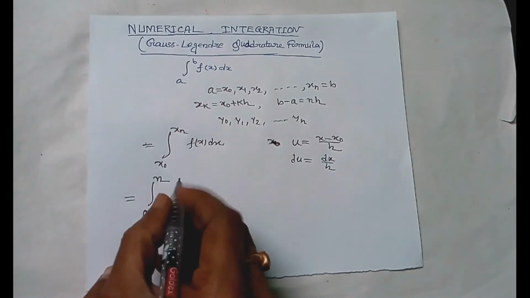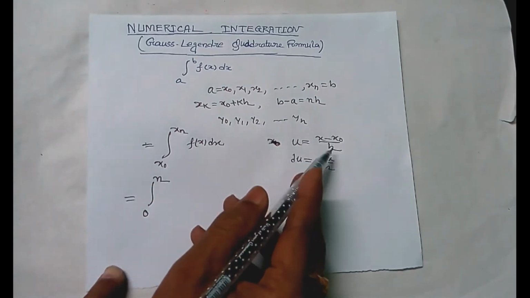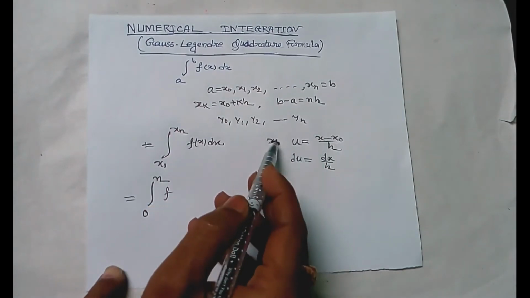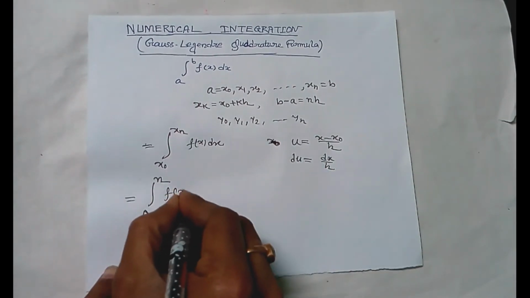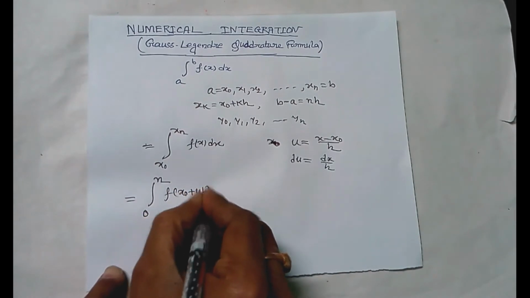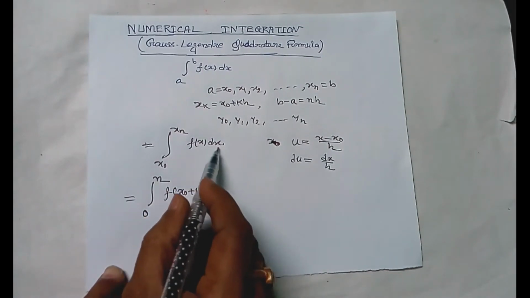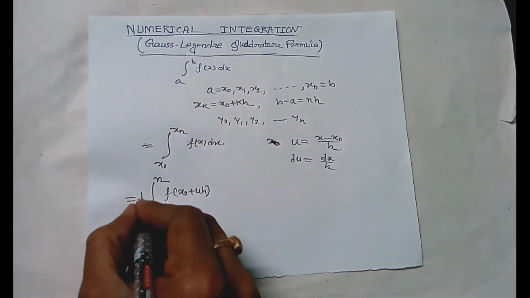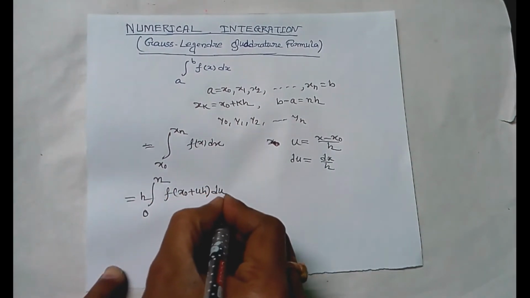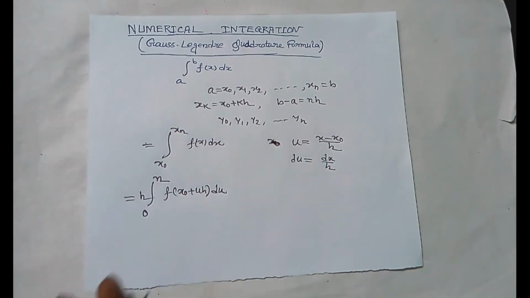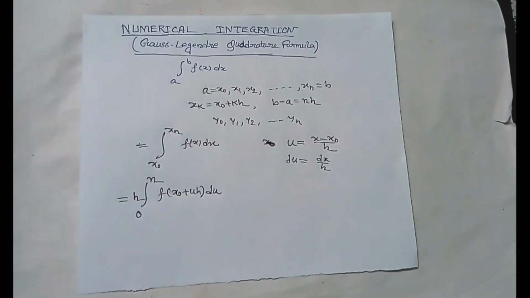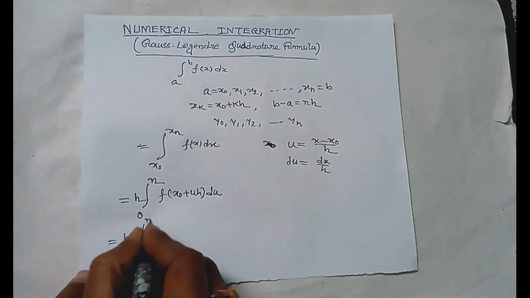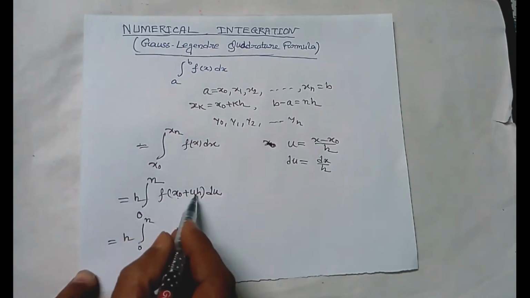Now f(x) becomes f(x0 plus uh), and it is multiplied by dx, and dx equals h into du. So this is equal to h times the integral from 0 to n of f(x0 plus uh) du.